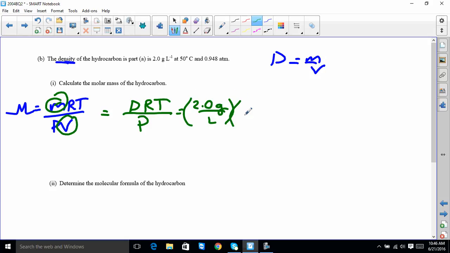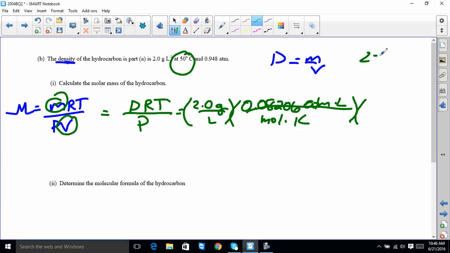Now R is going to be different than if you look at the scoring guidelines, but I'm going to use our new formula sheet, which is 0.08206. In 2004, the value of R on the formula sheet was 0.0821. The units are atmosphere times liter over mole K. The temperature is 50 degrees Celsius.